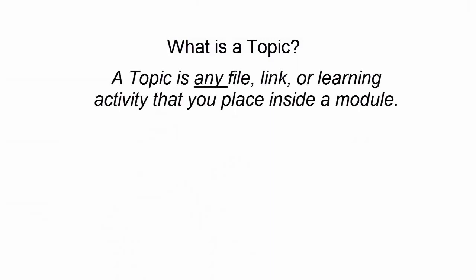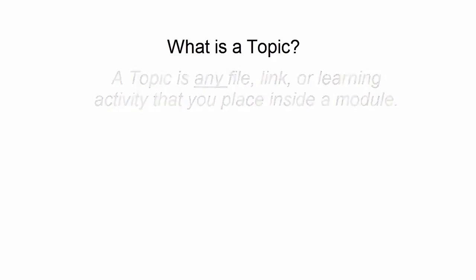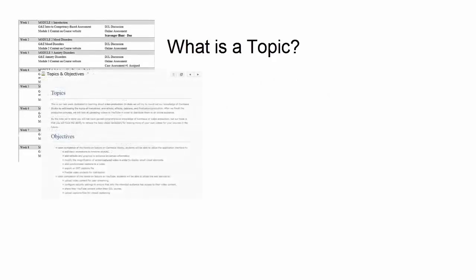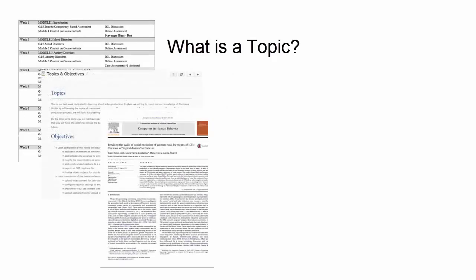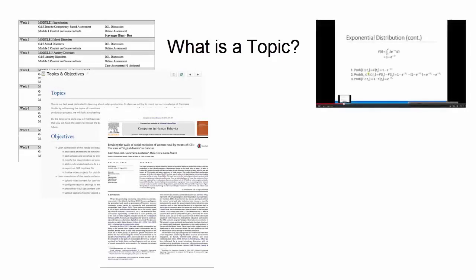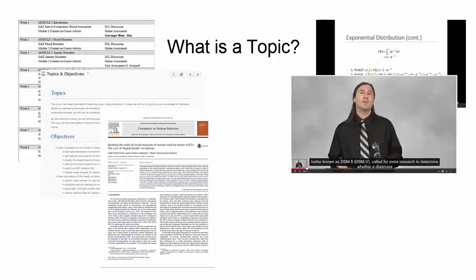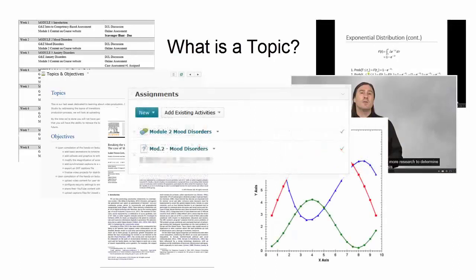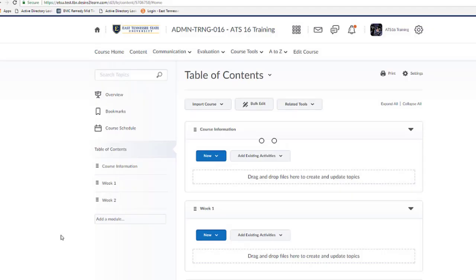Some examples of content topics you may have in your course are your course syllabus, a course schedule, weekly or module objectives, required readings such as articles that you may have downloaded from the library website, book chapters in a traditional textbook or an e-textbook, required videos or video segments and other multimedia files, presentations, slideshows, collections of images, an assignment that lists your criteria and expectations, and links to other learning activities such as a Dropbox folder, an online quiz, or a discussion board.